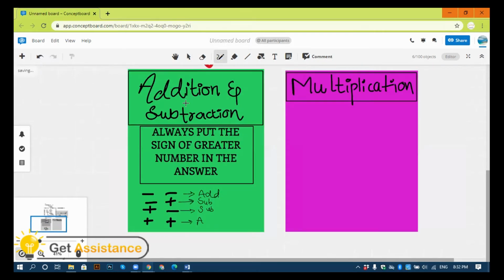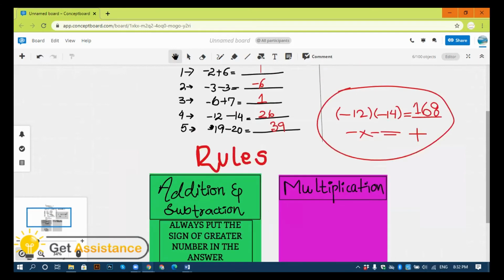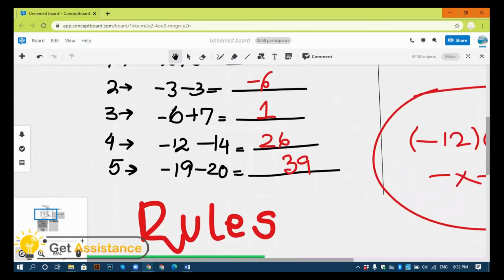Okay, so Zaina, first of all, tell me the answer for number four once again. I'm confused because it's either -26 or 26, but I think it's -26. Very good. And why will we put the sign of negative?